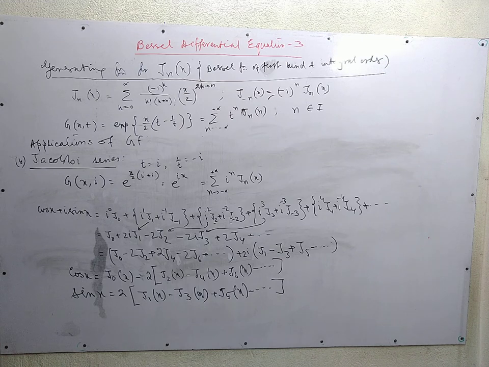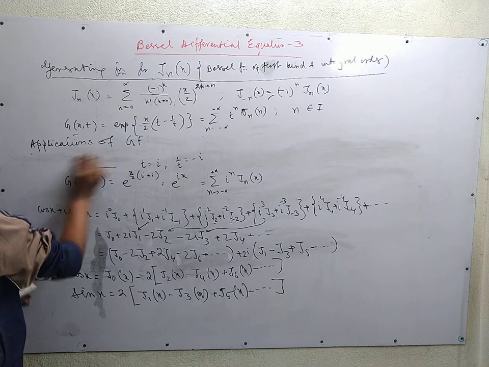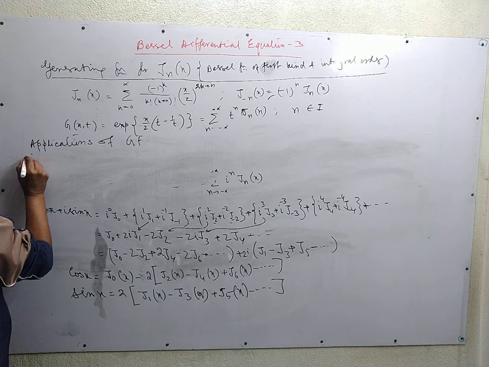To be particular, if we put t is equal to e to the power i theta, it leads to the integral form of Bessel functions, but the mathematics required is a bit involved, so I am refraining from going to the integral representation for the Bessel function using Jacobi series. Now, the third example: we consider the recurrence relation.